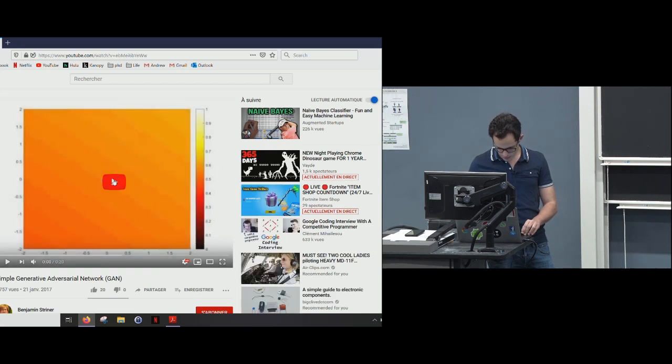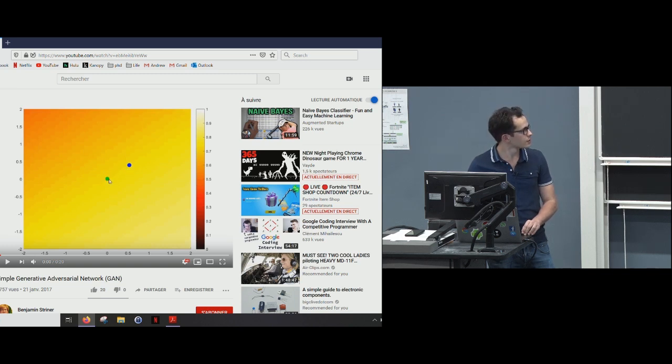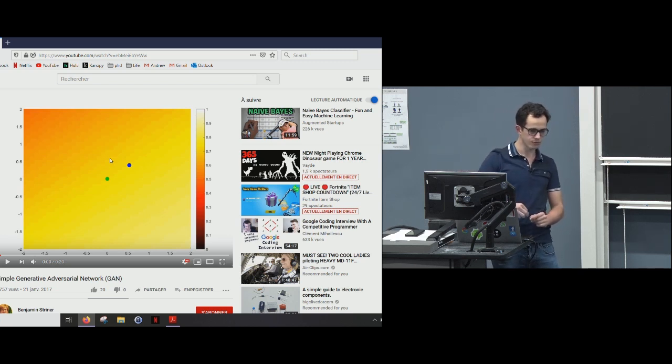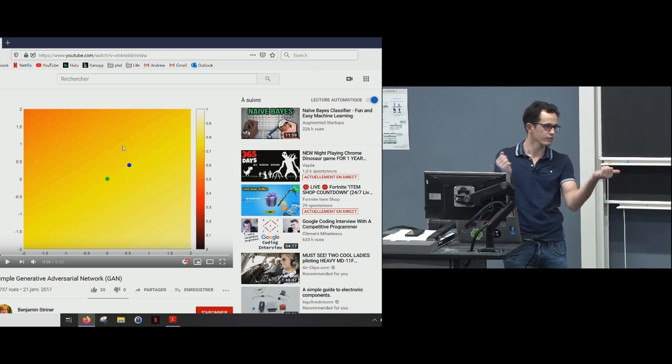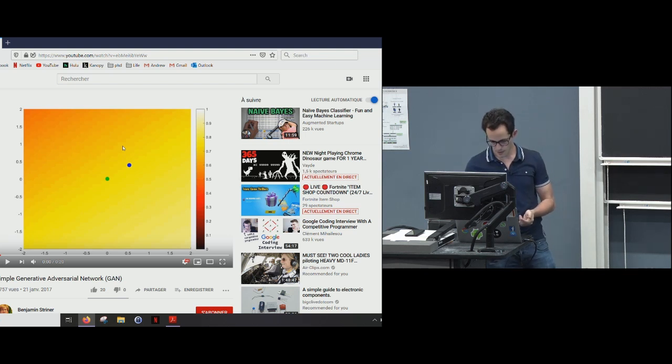All right, so that's a problem. You have a target that's the green point here, and what your generator is producing is the blue point here. So it's just a 2D output problem, very simple. Your goal is to have the generator try to produce this specific green point, and the discriminator is something linear that tries to learn that the closer you are to the target, the bigger your reward is, except it's linear, so it's just going to tell you go in this one direction, and that's the only thing it can do.